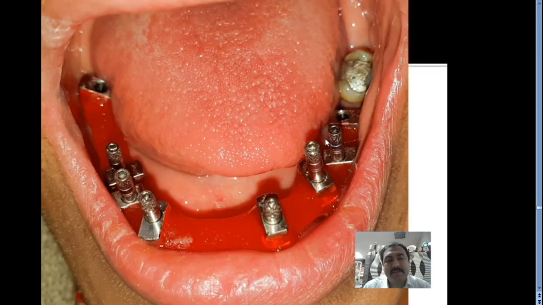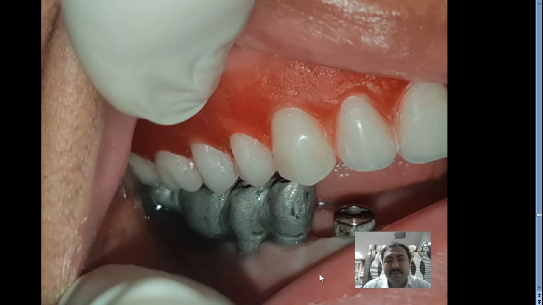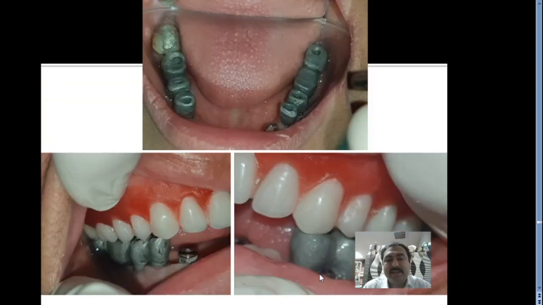In place. We did a jig trial. Once the jig trials were done, we chose screw retained posteriors, screw retained PFMs, and in the anterior we had planned for cement retained. Tentative bite had been established, metal trials in place.